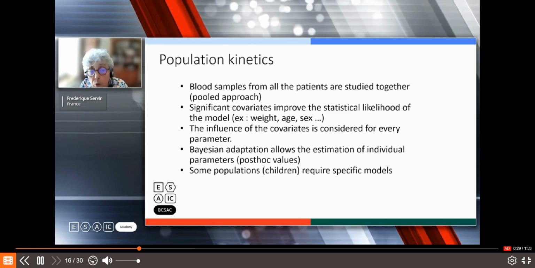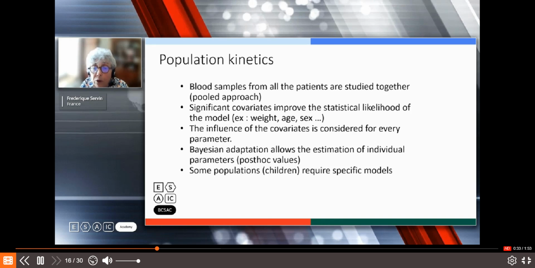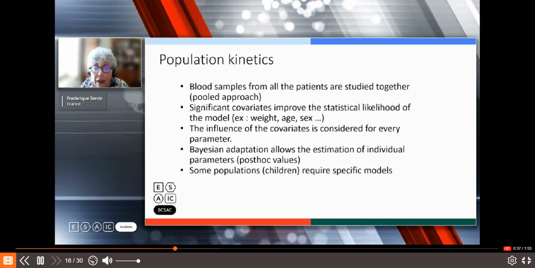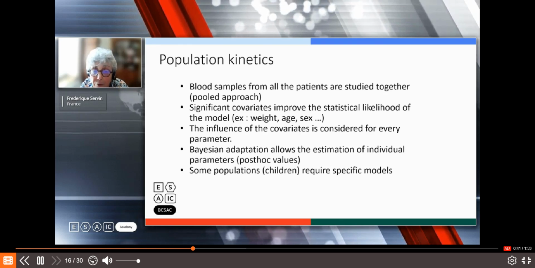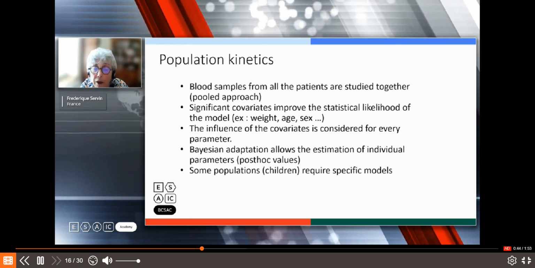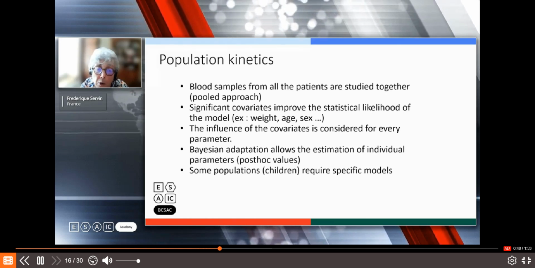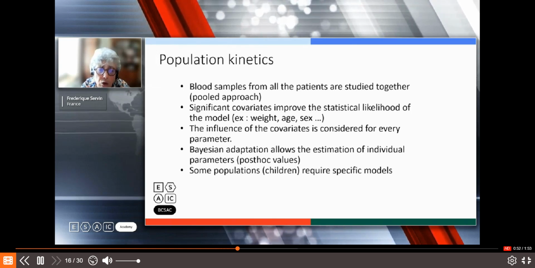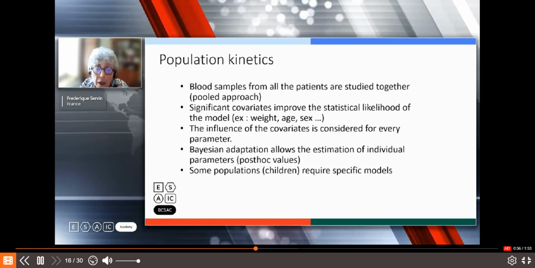After that, you will try to see whether you can improve the statistical likelihood of your model by adding significant covariates and weighting every point with the covariate that corresponds to the individual patient. And the main covariates are usually weight, age, sex, etc.